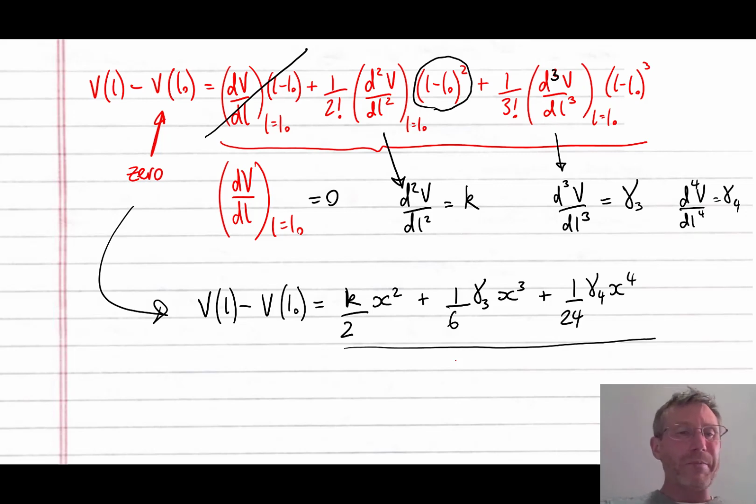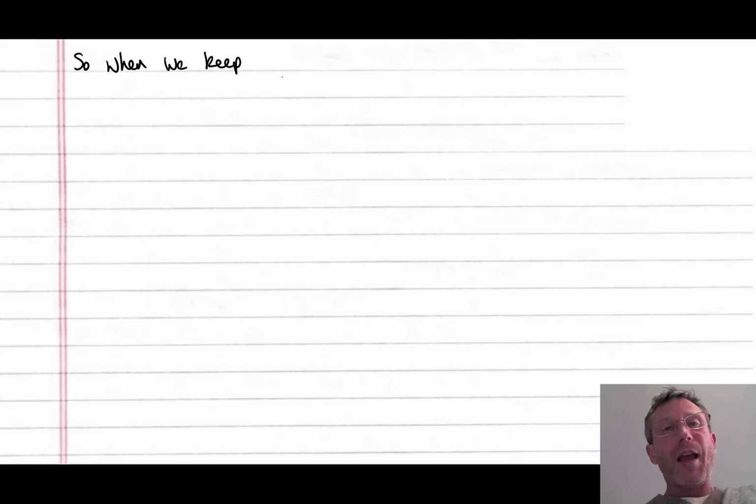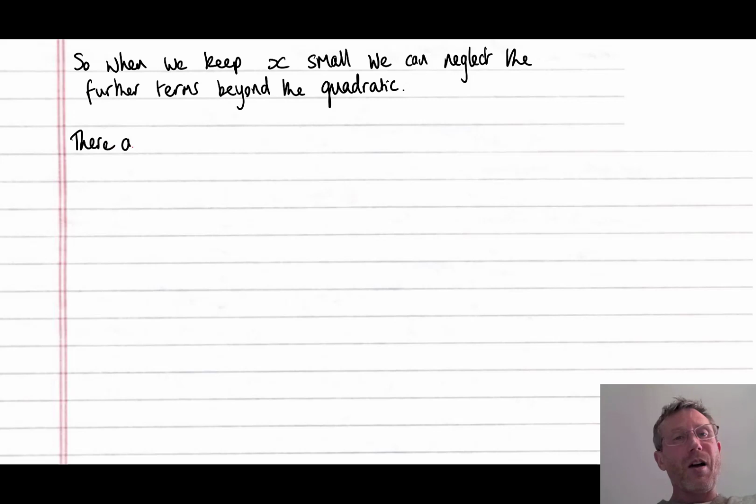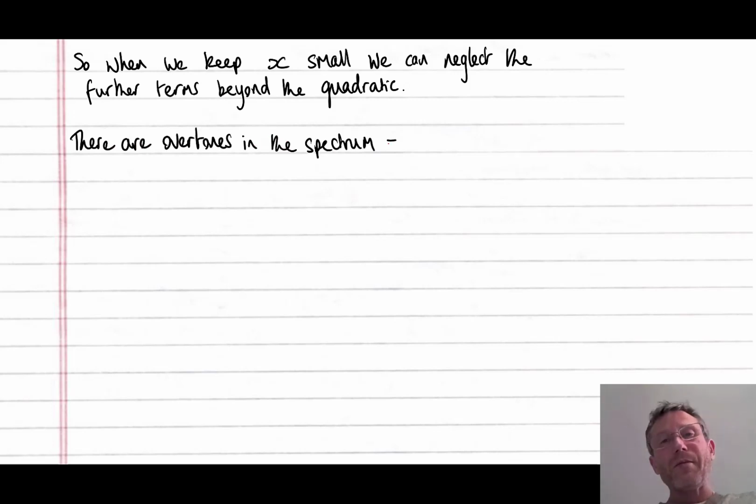Let me try and sum this up. So, when we keep x small, we can neglect the further terms beyond the quadratic. There are overtones in the spectrum. So we do see these. These are lines of weaker intensity.